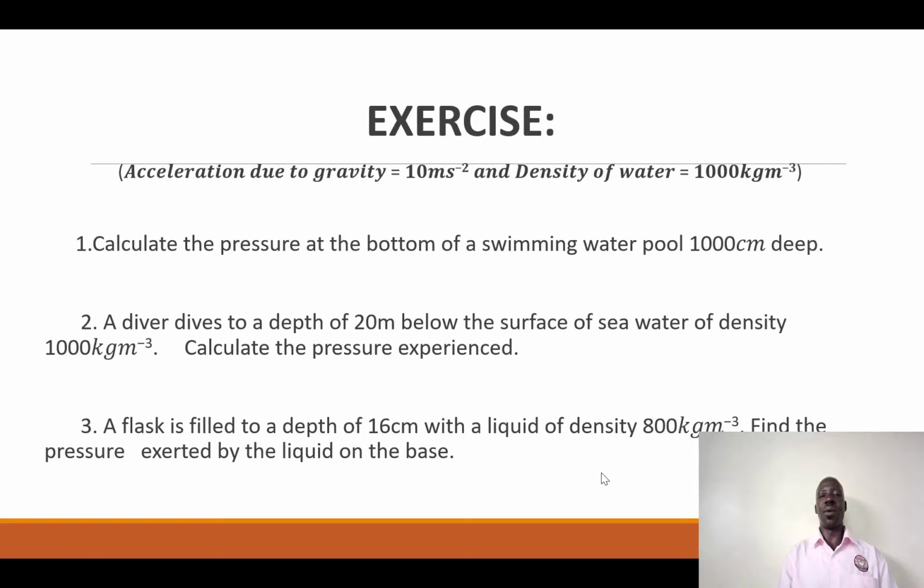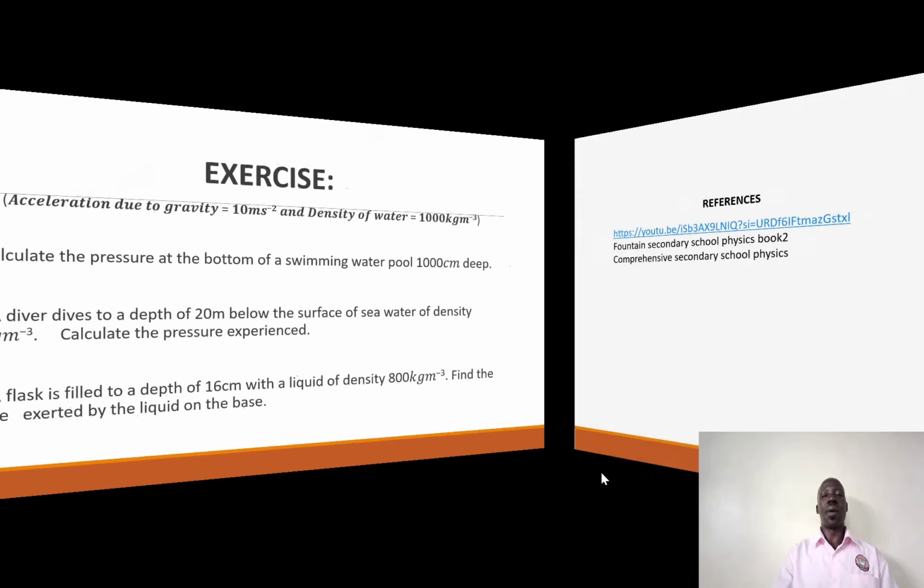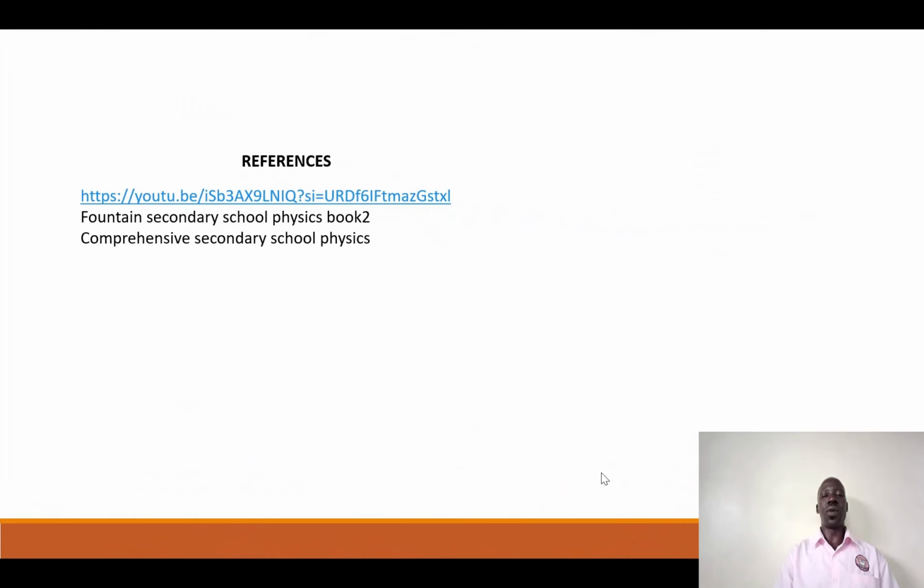I'll be moving around to check how each one of us is doing the work. But also, to support you, here I have the references for you. You can find similar information in the Fountain Secondary School Physics Book 2, talking about pressure in solids and in liquids.